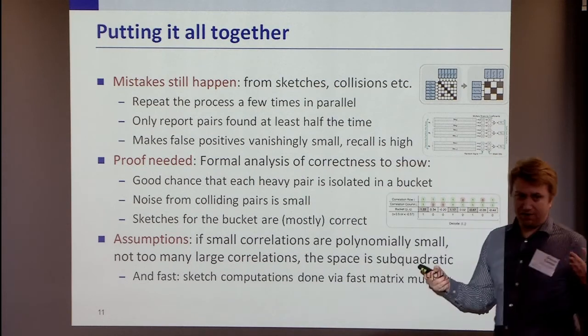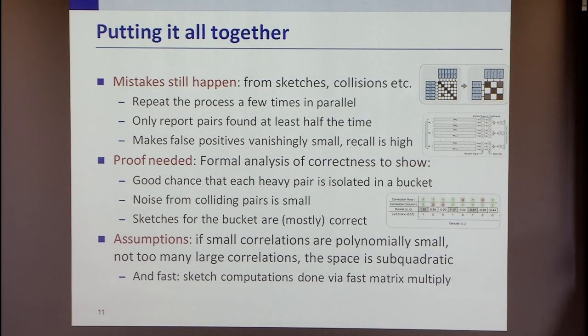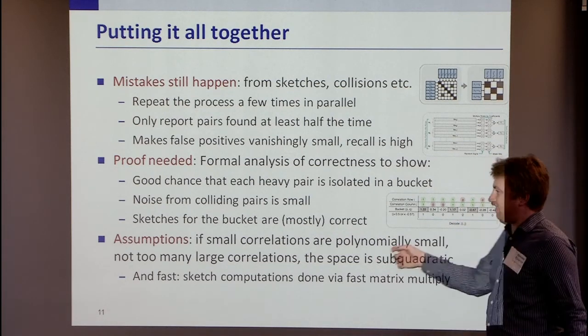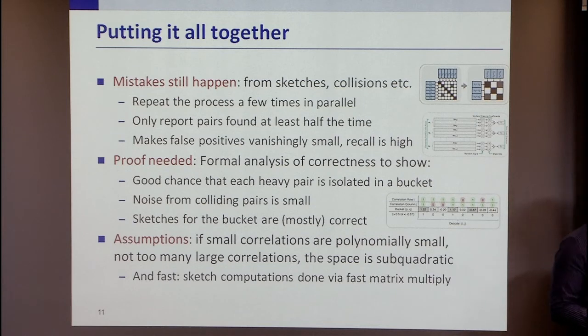If you think about how I'm going to make this work, I've really got to argue that the things that are not correlated are sufficiently not correlated that I can put quite a few of them in the same bucket as something that is correlated and still be able to see the correlation for the trees. And to put that in terms of n and make that n term sub-quadratic, you actually need to start talking about those correlations looking polynomially small as a function of n.